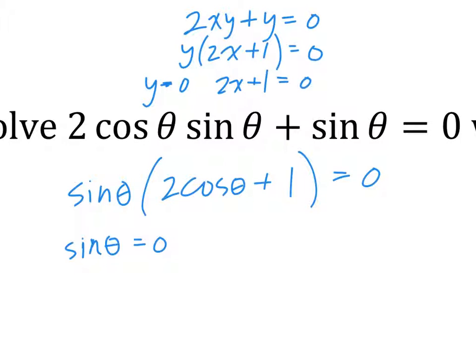You have to make the factors equal to 0. Factors means whatever multiplies together. 2 cosine theta plus 1. So sine theta equals 0 is already something we can figure out. 2 cosine theta plus 1, what should we do? Subtract 1 and then? Okay, so cosine theta is equal to -1/2. All right, so now go ahead and solve it.